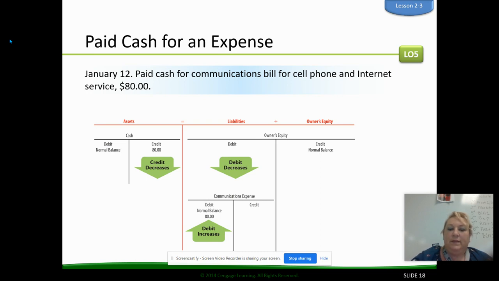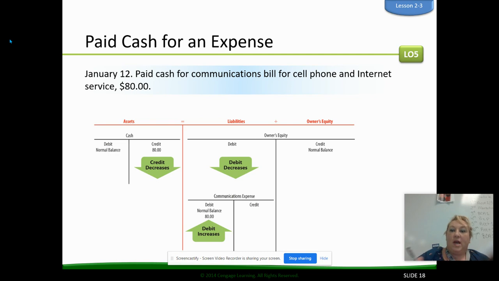Notice my expenses are on that decreased side of the owner's equity, but we always have to keep track of our expenses. So when we divvy it out into an actual account, communications expense, it's going to be set up similar debit, credit, plus, minus to an asset, but it negatively affects my owner's equity. So that's why you see it on the debit side. But we have to keep track. On its debit side, it'll be a plus, because we want to know at the end of the year how much we have spent on those expenses.